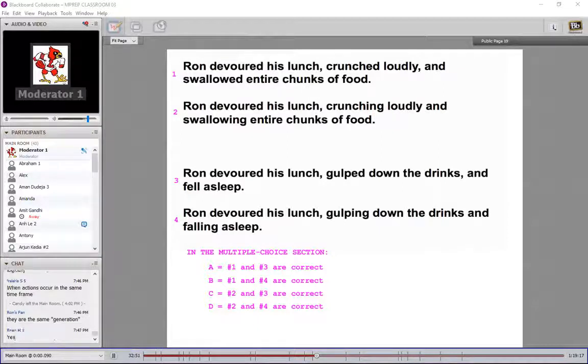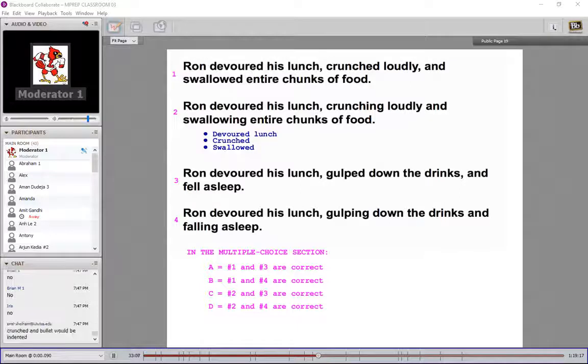Like if I said bullet, devoured lunch, bullet, crunched, bullet, swallowed, does that make any sense? No way, right? Of course it doesn't.